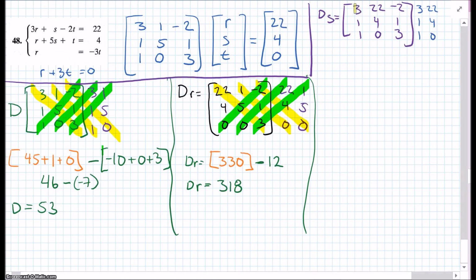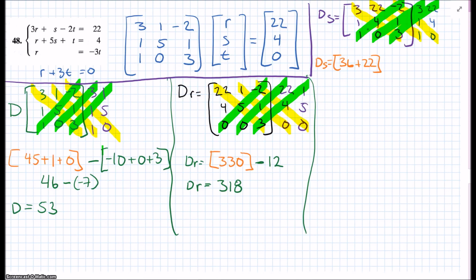Okay, to save time, I'm going to go ahead and highlight all three diagonals first. Okay, we're going to sum those up. So D sub s is going to equal the sum of these. So 3 times 4 times 3 is 36. Plus 22 times 1 times 1 is 22. And the other one's 0. So now we're going to subtract the sum of these products. So minus 1 times 4 times negative 2, which would be negative 8.